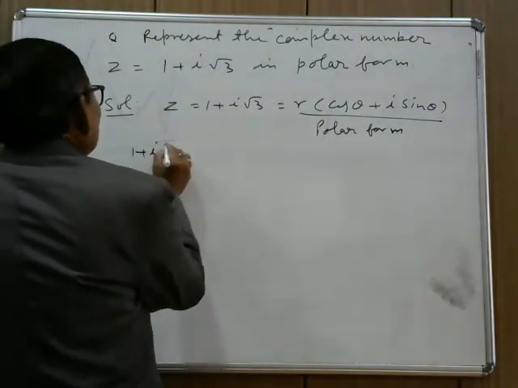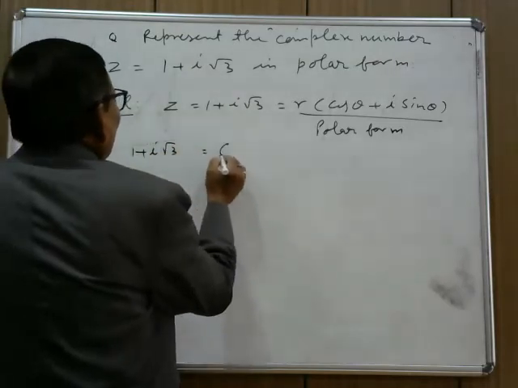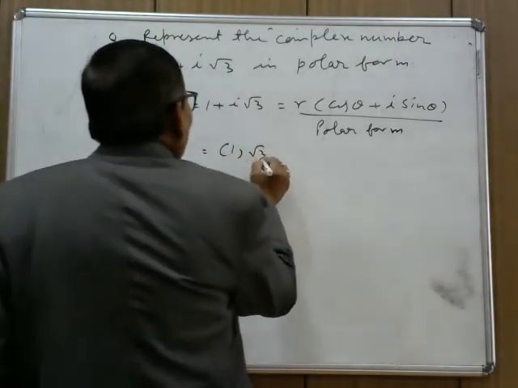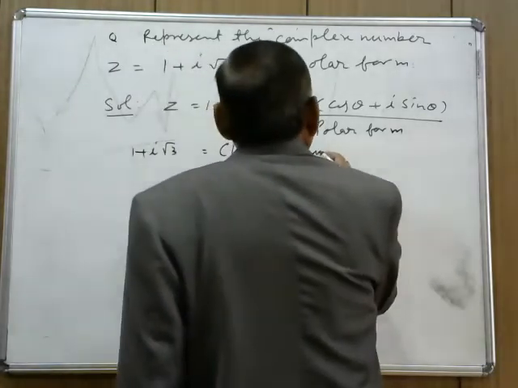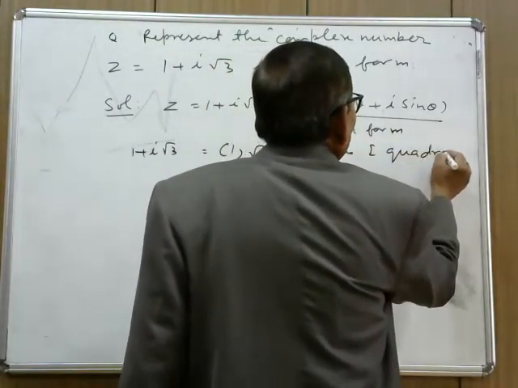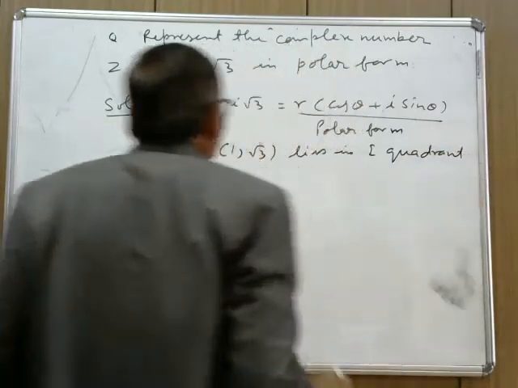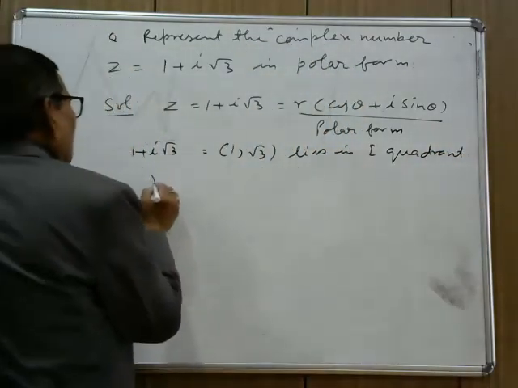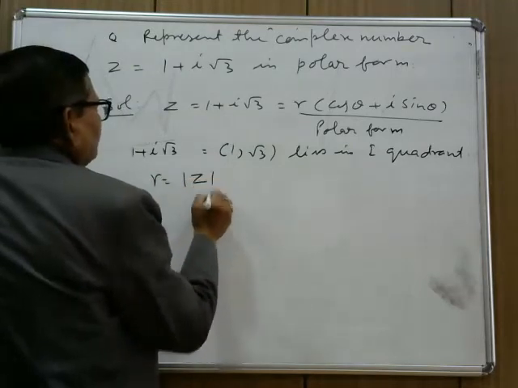1 plus i root 3, as an ordered pair, is (1, root 3), and this lies in the first quadrant. Now, as you know, r equals the modulus of z.